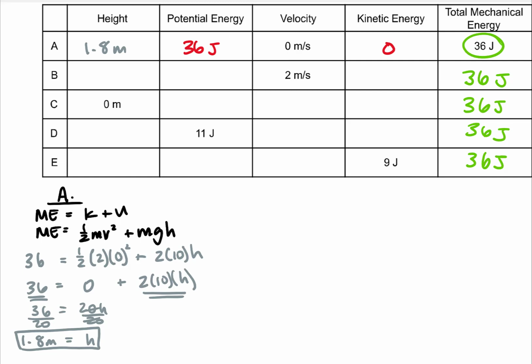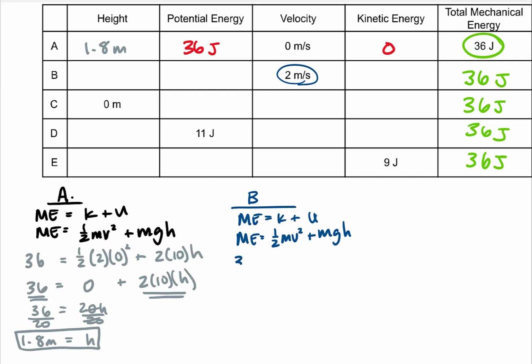At B, we're going to start the same way. Mechanical energy is equal to kinetic energy plus potential energy, and we'll leave the one that we don't know blank. And they give us the velocity, right? So 36, we'll do this again. Mechanical energy is 1/2 mv squared plus mgh.